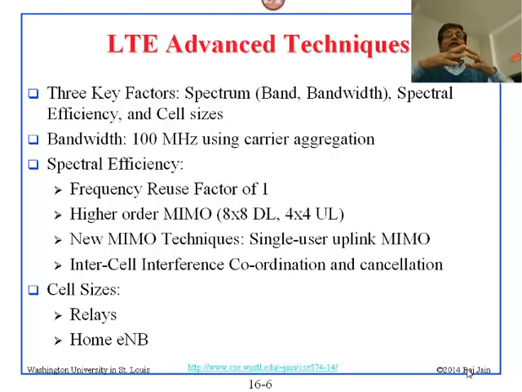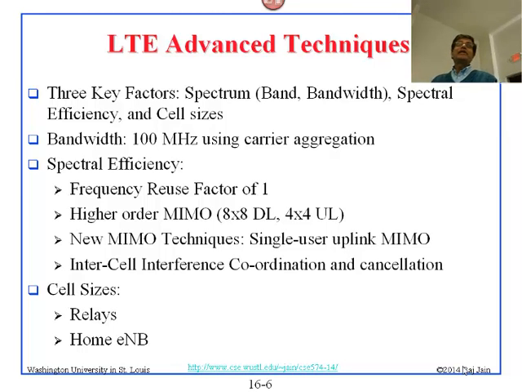So if you want really high data rate, you need really big band. Then the second thing is spectral efficiency. Now suppose you did get 100 megahertz or 50 megahertz, then the second thing you play with is spectral efficiency. How can we get the maximum bits per second out of these hertz? Right? And for that we have coding, we have retransmissions, we have a lot of games to play.